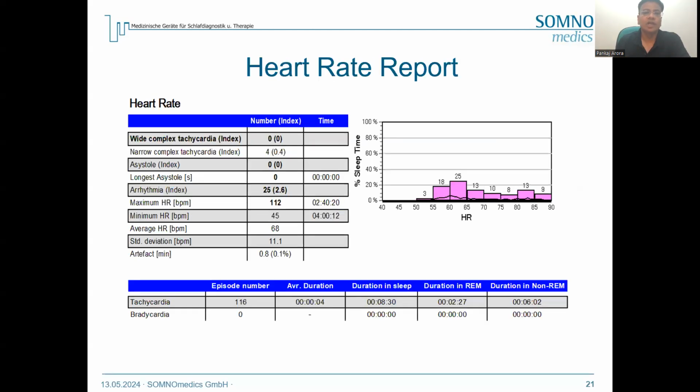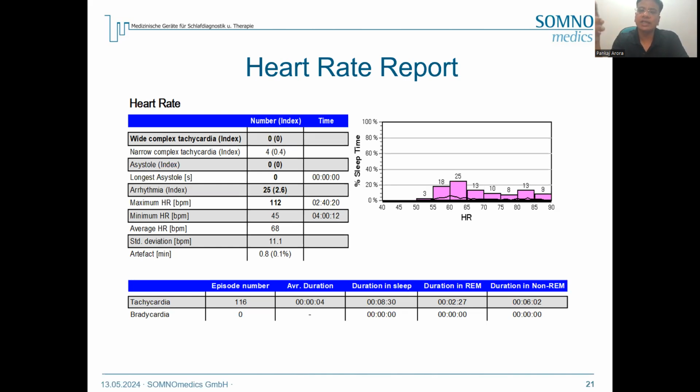Now, as I told you, when the patient has sleep disorders or breathing issues, and has obstructive sleep apnea or hypopnea, they will obviously have desaturations, which will affect their heart health also.